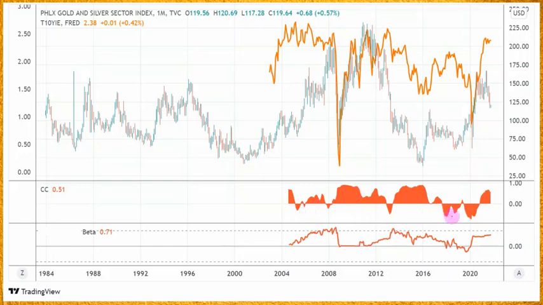There's not really any consistent pattern that we're seeing. And when we look at the beta, it's usually less than 1. So look, this isn't brilliant data, but all we can say is that inflation has been a pretty minor factor in terms of mining stock moves in the last 20 years.